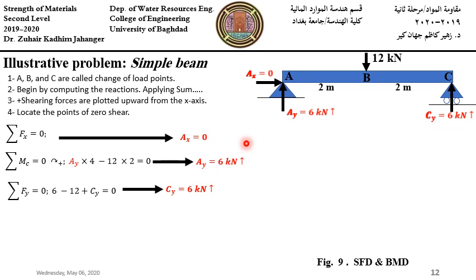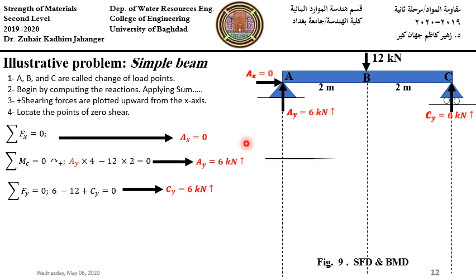Now we are ready to draw the shear force diagram. We plot 3 lines along the change of load points A, B, and C. Then a horizontal line for the shear force diagram, upward positive, downward negative.